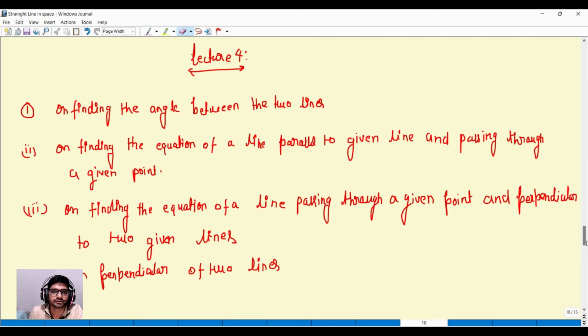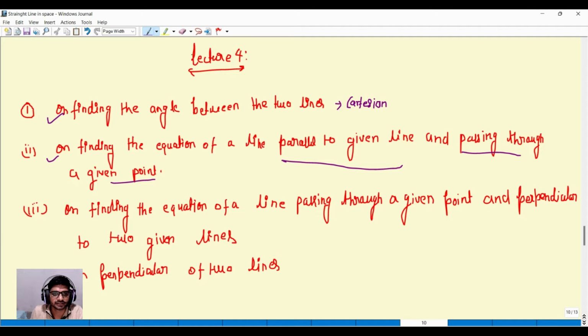So today in this lecture, I am going to discuss these 4 points. The first point is on finding the angle between two lines, basically in the form of Cartesian equation. Then second is on finding the equation of a line parallel to the given line, given that it passes through one point.